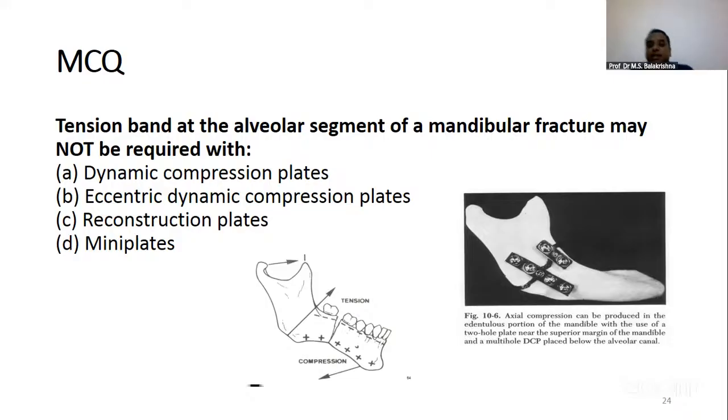That is a plate where the compressive force as well as the tensile force, both forces are applied, so it is countered. The compression force is applied at the lower border of the mandible and also at the alveolar socket level, so the opening of the segment does not take place. Answer is B, eccentric dynamic compression plates.